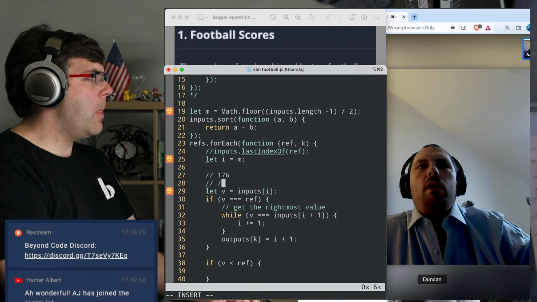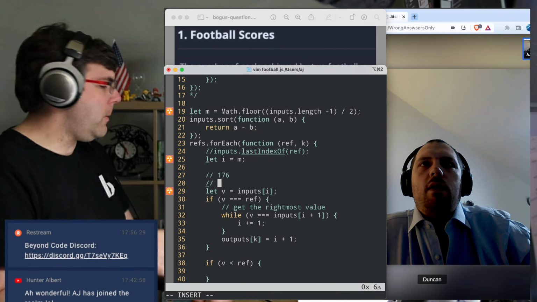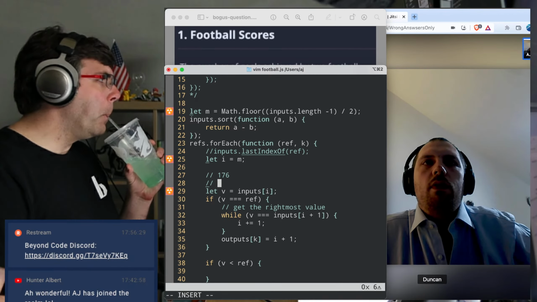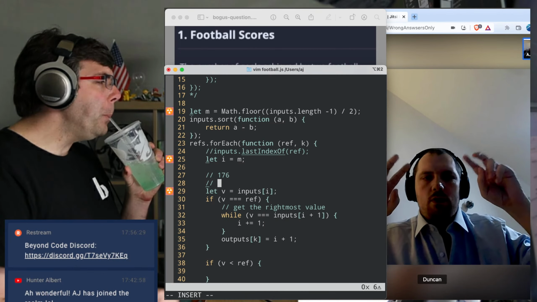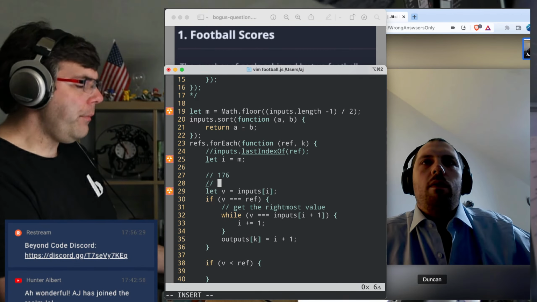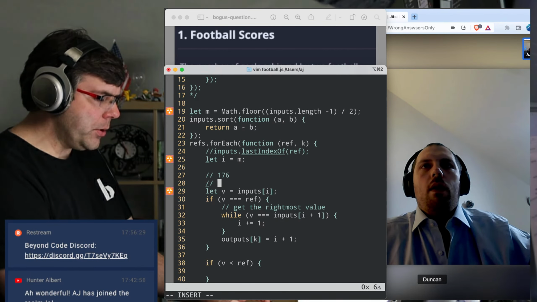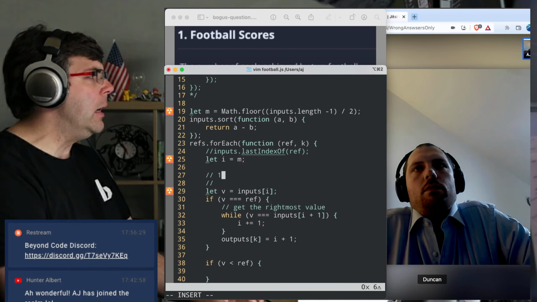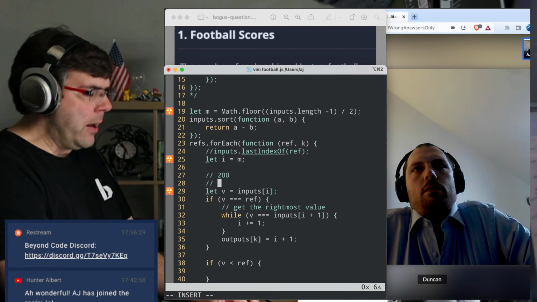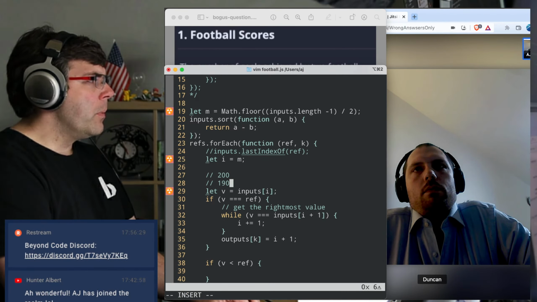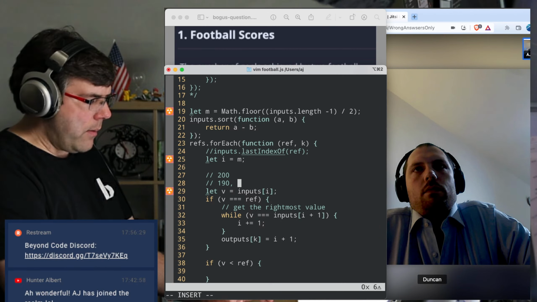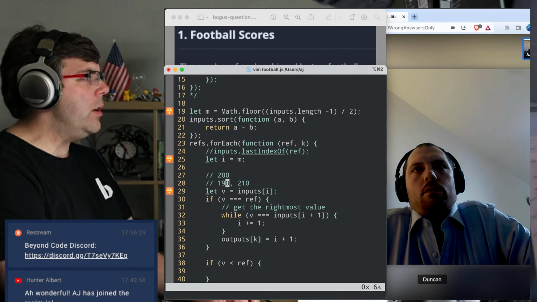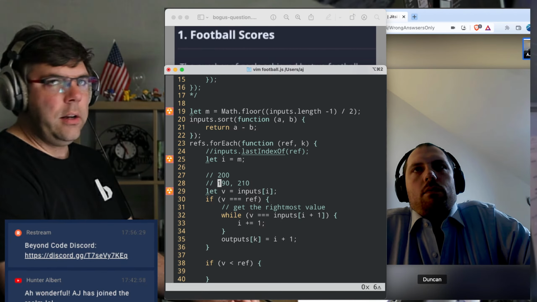So random, they could be anywhere. Right. Like theoretically, your reference number could be 0 and the first score could be 1,000,000. Well, let's make this easy. Let's say our reference number is 200, and we have a score that's 190 and a score that's 210, but we don't have any scores that are 200.